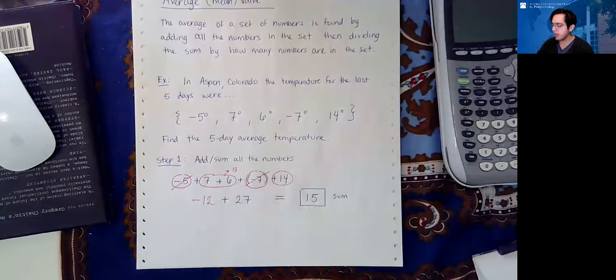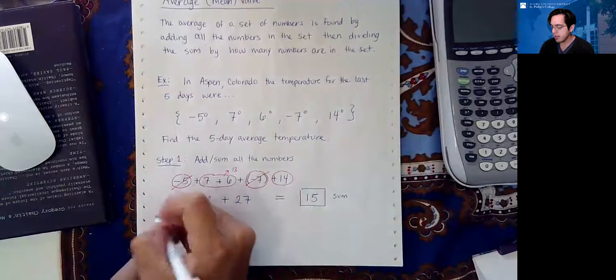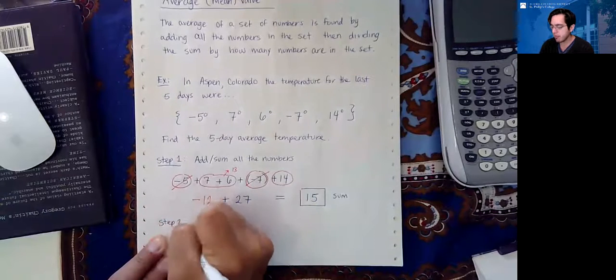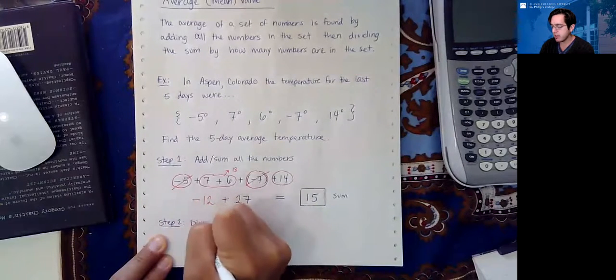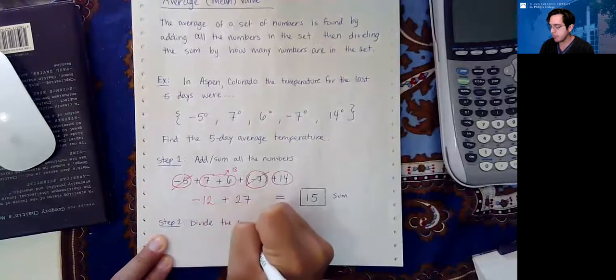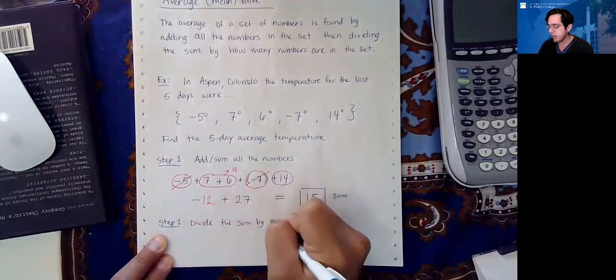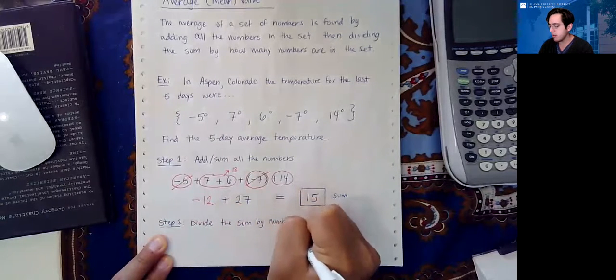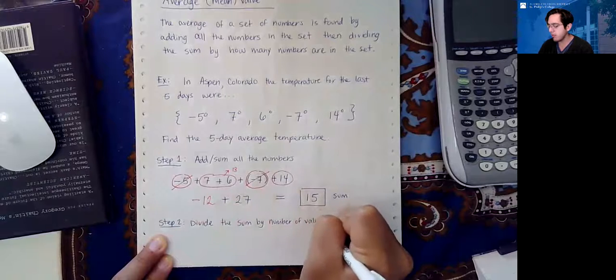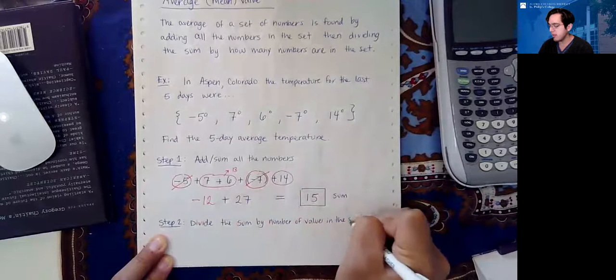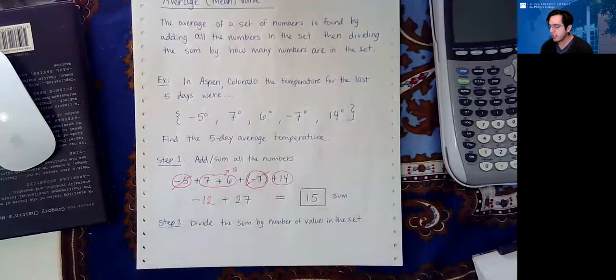Okay. But we didn't just need to sum the numbers or add them up. We need to find the average temperature. So step 2 is divide the sum by the number of values in the set. So how many numbers did we have in our set of numbers? 5.